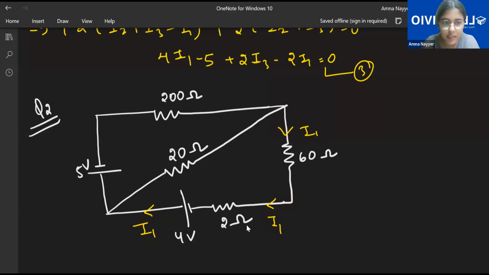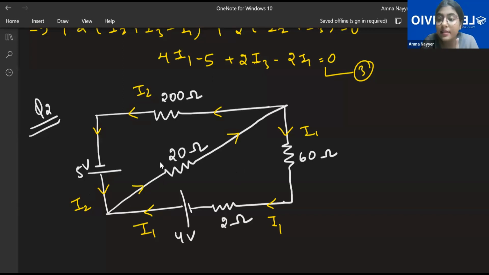Now from here, let's say 5 volt is generating some I2. So this will be the direction of current I2 throughout the whole wire. One wire is left, I2 coming from here, I1 coming from here. If I want, I can write the current as I3, but why write I3 when I1 plus I2 can be written?